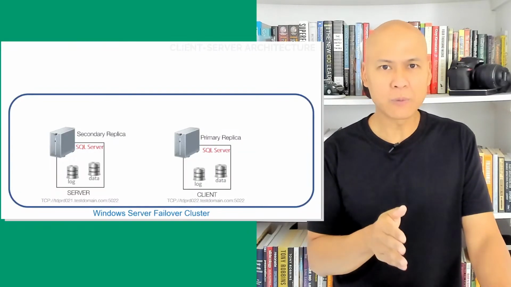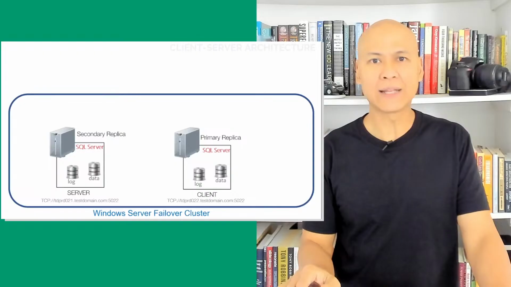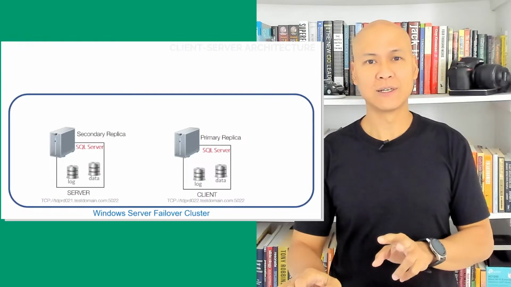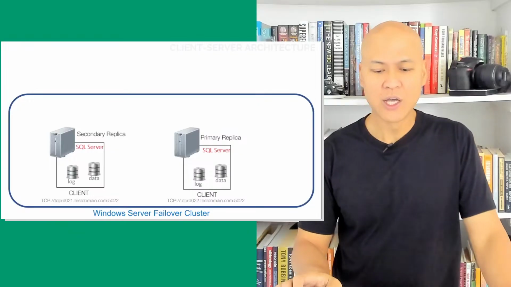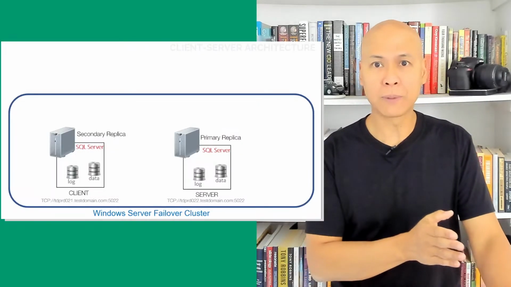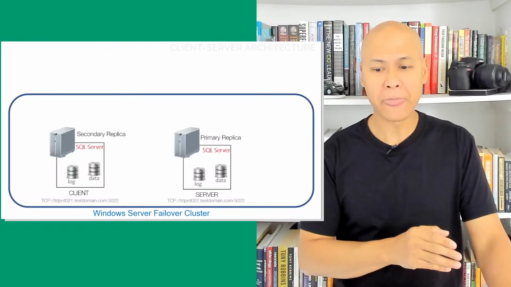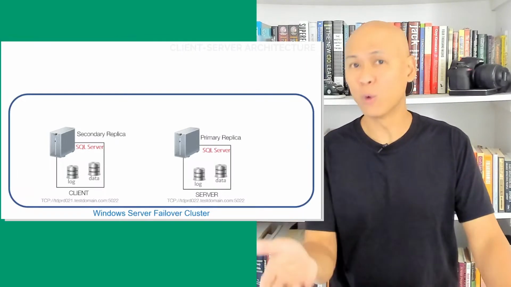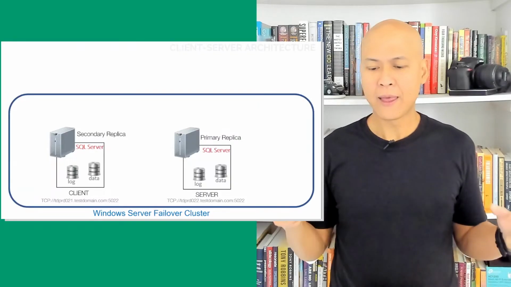And what used to be your primary replica now is your secondary replica. Therefore, the client-server model now switches, the role reverses to where the new client is now the former primary replica, which is now a new secondary replica. And the new server happens to be the new primary replica, which happens to be the old secondary replica.